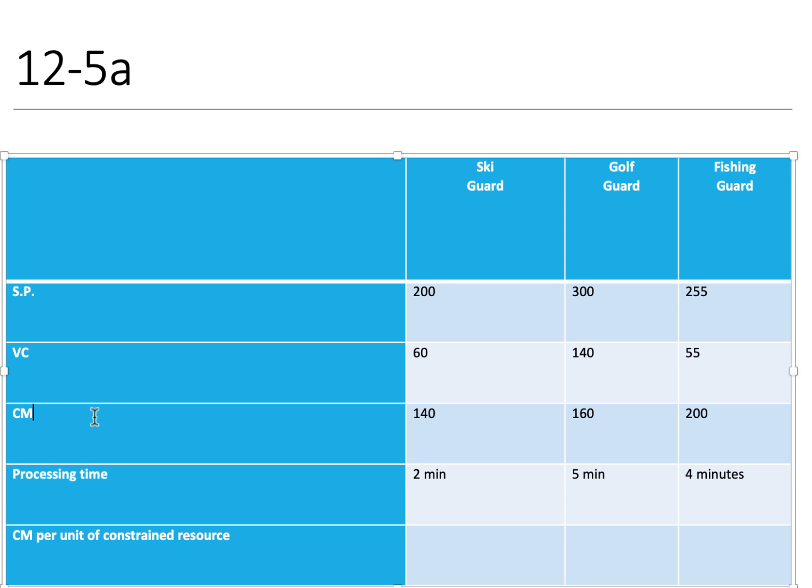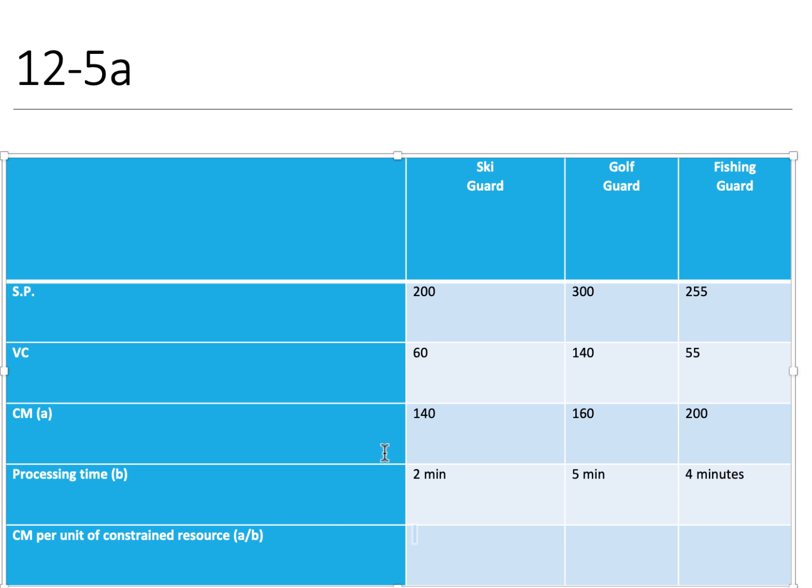So I'm going to say contribution margin is A, processing is B, and I'm just going to divide A by B. Okay, so that's how I calculate it.